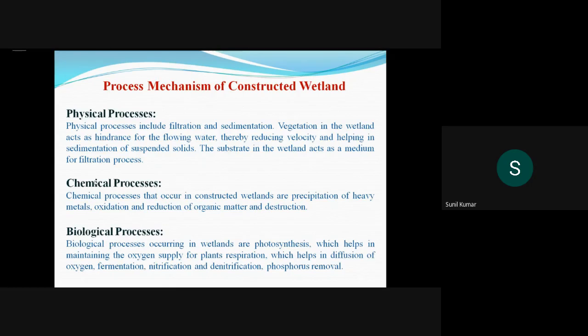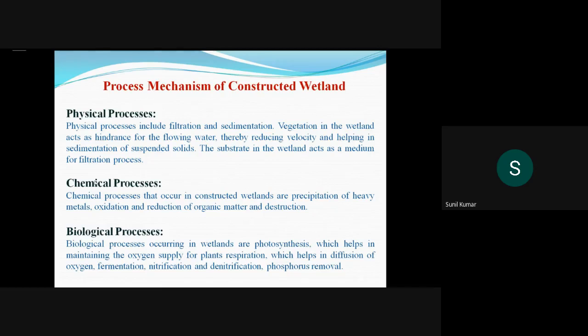What are the physical processes taking place? You all have studied, there will be a filtration system and a sedimentation system. With respect to filtration, you would have studied coarse screen, fine screen, like that. Similarly here, in the surface flow wetland the vegetation roots act as a filtering media.